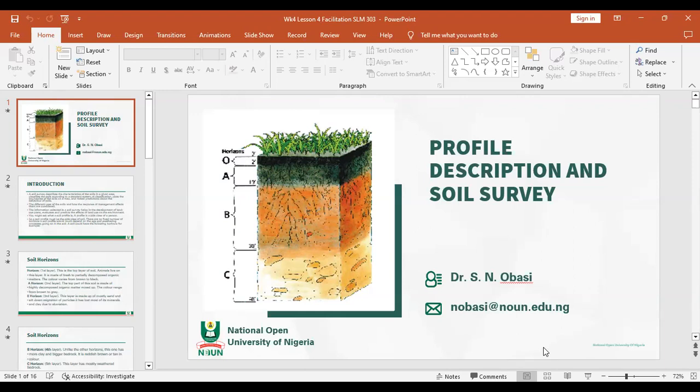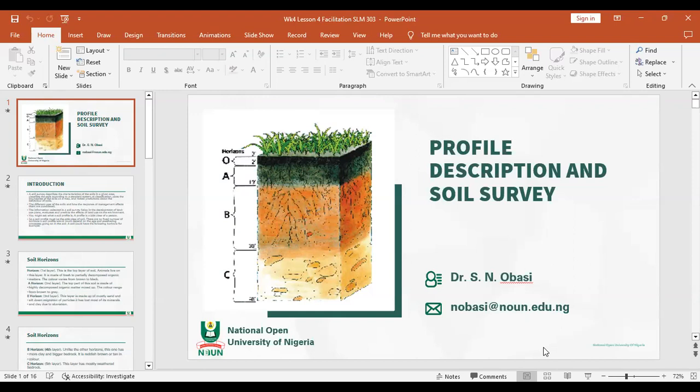You can't study soil science without a good understanding of what a soil profile is. You cannot carry out an effective soil survey without having an understanding of what a soil profile is.